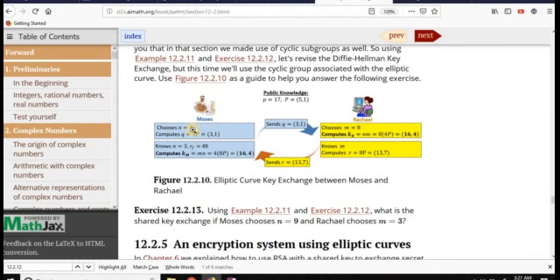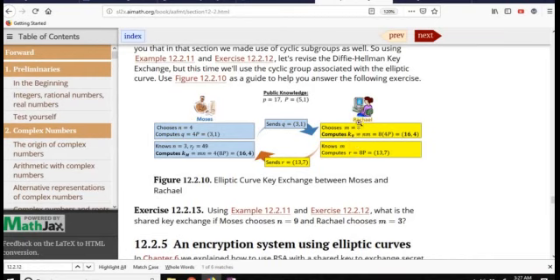He chooses n equal 4, so he takes 4 times P, and P is public knowledge, and that gives, so he sends 3, 1. Moses makes a secret choice of n, which nobody else knows.